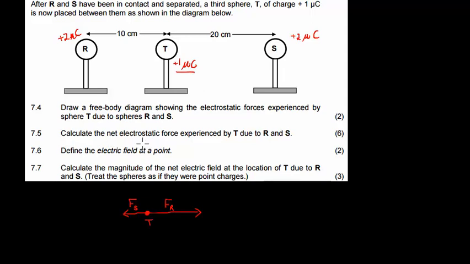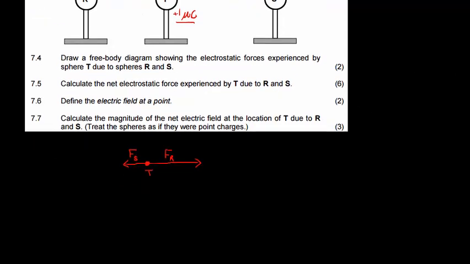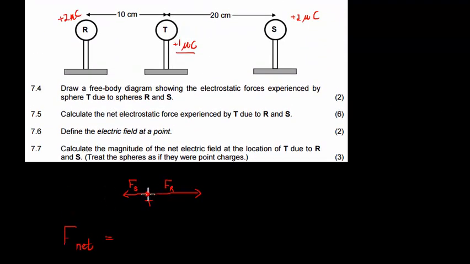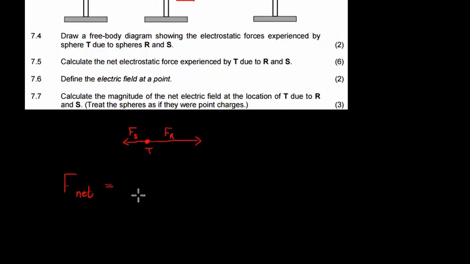Calculate the net electrostatic force experienced by T due to R and S. Obviously the net force is equal to, and let's choose the direction with the bigger force as positive. So we calculate the force experienced by T from R, and then we subtract the force experienced by T from S. Why do we subtract it? Because they are in opposite directions. So very important.